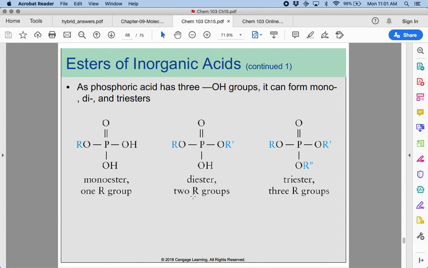So we could have a phosphate ester, we could have a diester, or we could have a triester. This will be very, very important when we get to our biological sections, and we're talking about the compound ATP, so adenosine triphosphate, where we have these mono, di, and triesters that will form.